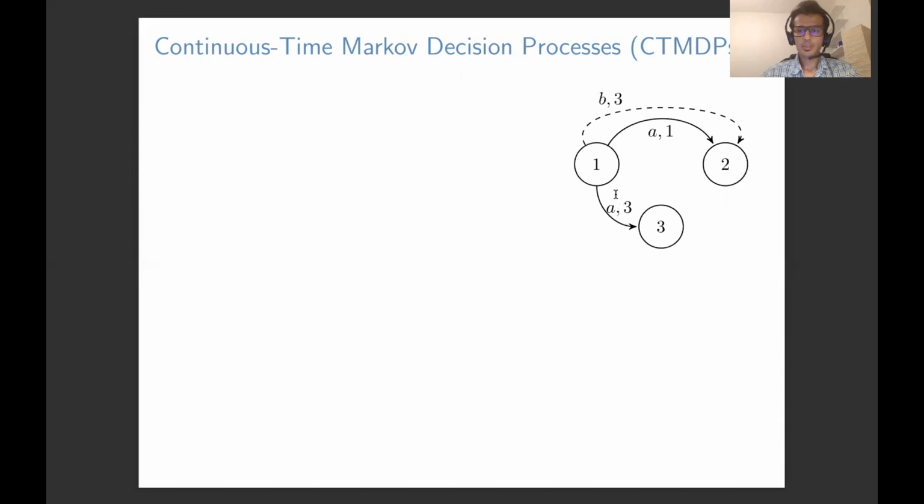The graph shown on the right of this slide corresponds to a CTMDP with 3 states, state 1, state 2, and 3.